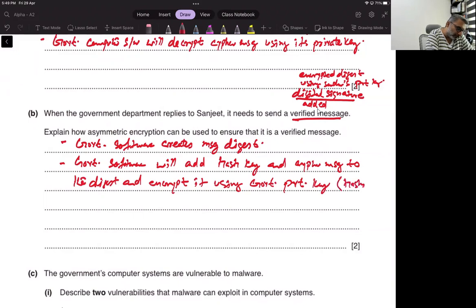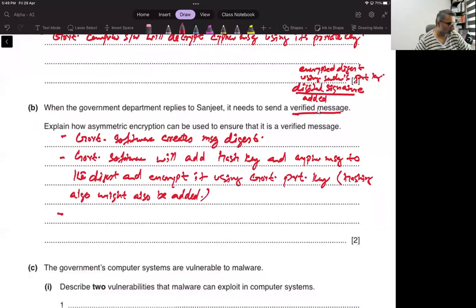A hashing algorithm might also be added. Okay.